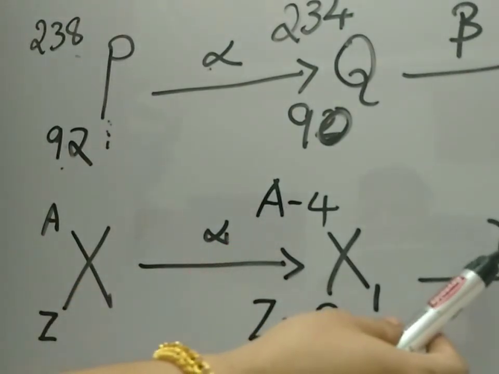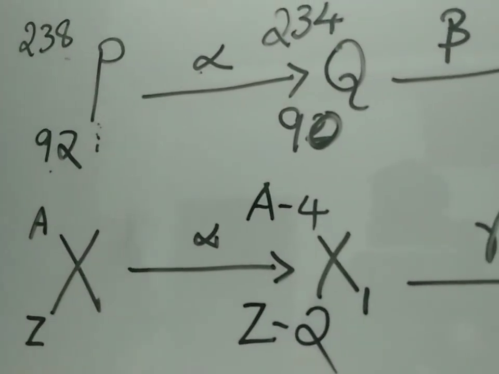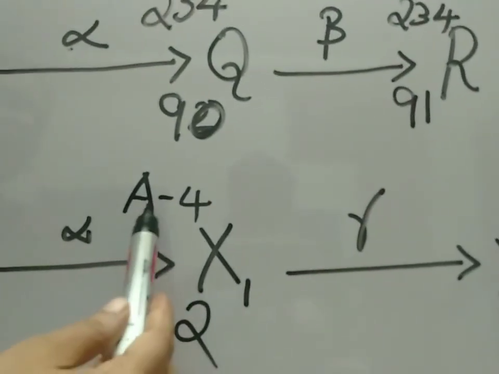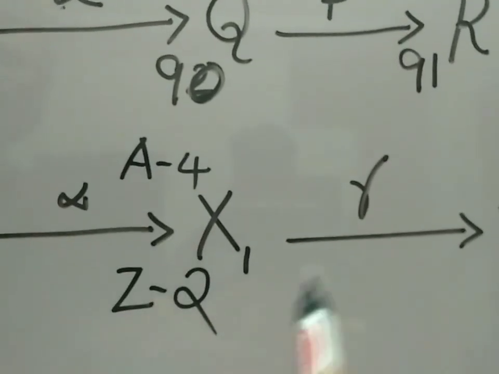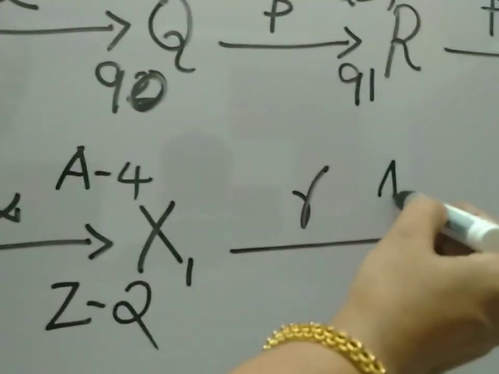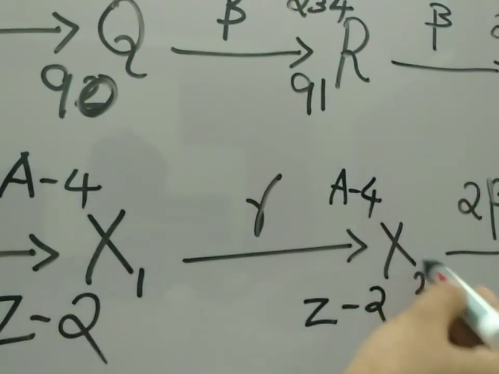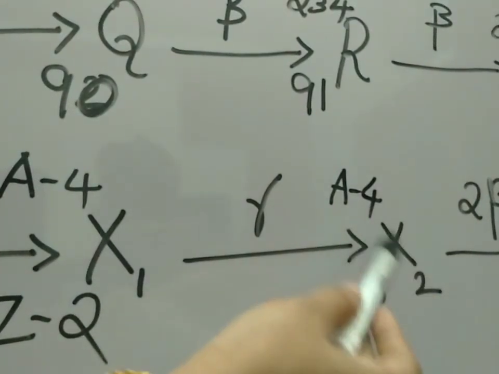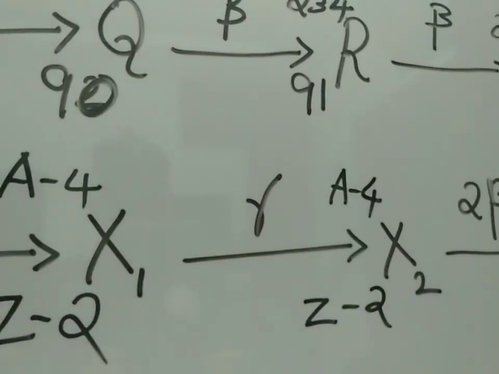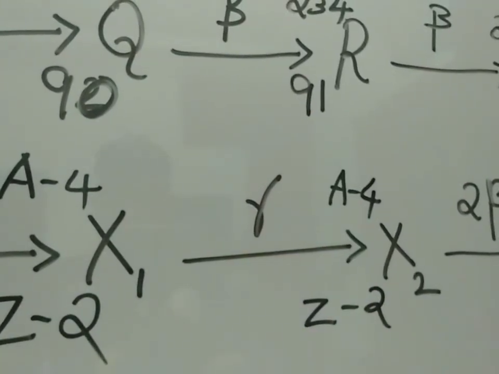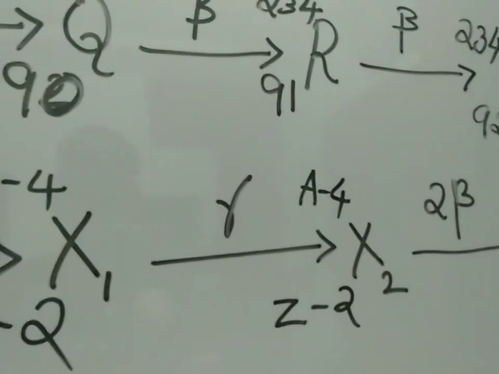Now here you can see gamma emission. There will be absolutely no change for mass number and atomic number. We should write the same mass number and atomic number. That is A minus 4, Z minus 2. So X2 is A minus 4 and Z minus 2. Now the third one, you can see 2 beta.